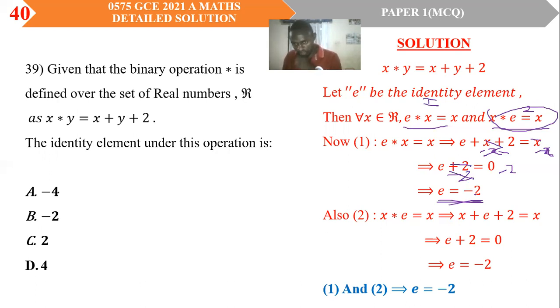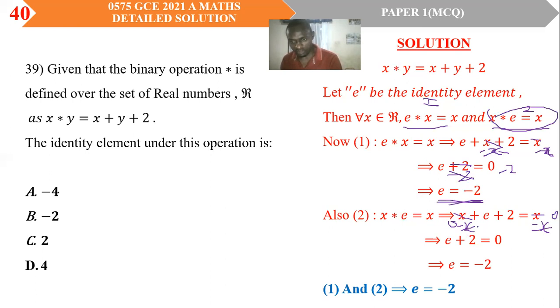Okay, we proceed. x star E is equal to x implies x plus E plus 2 is equal to x. Again, if I subtract x on both sides, x minus x gives 0, and 0 plus anything leaves that thing unchanged.